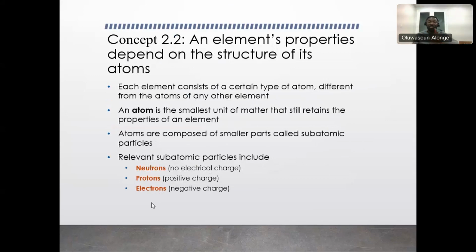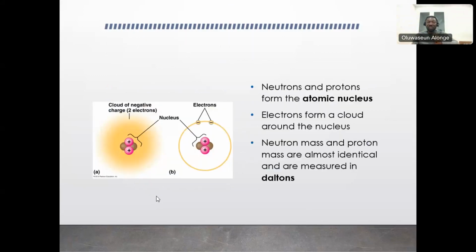The second is the proton, then electrons. Electron is negatively charged, proton is positively charged. In the nucleus you have the proton and the neutron, and revolving around it is the electron. Neutron and proton form what we call the atomic nucleus.